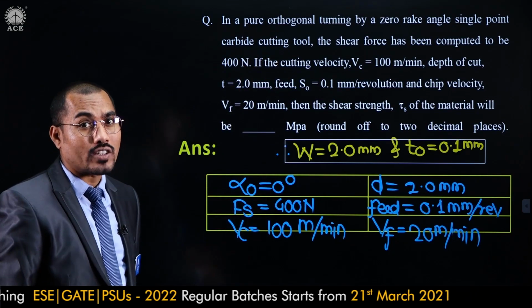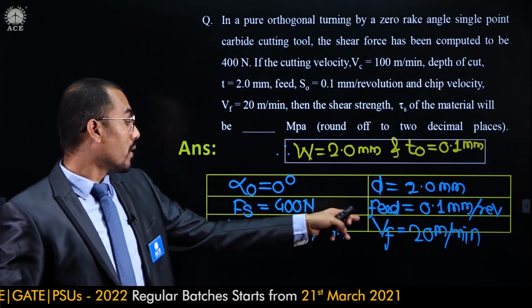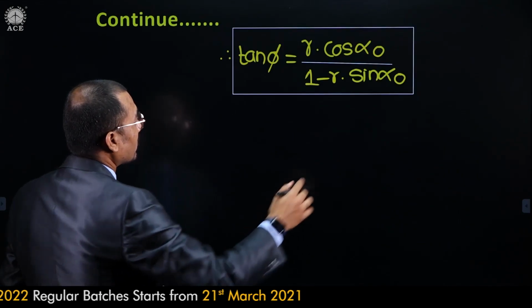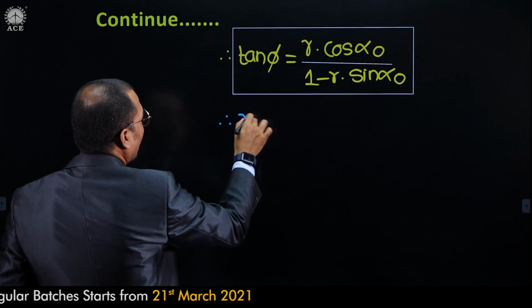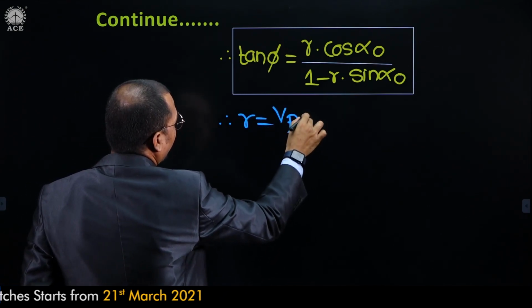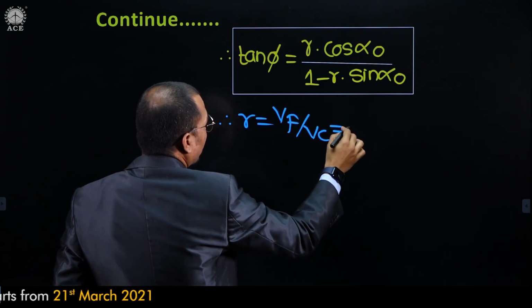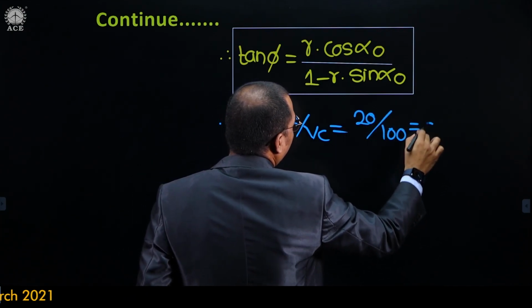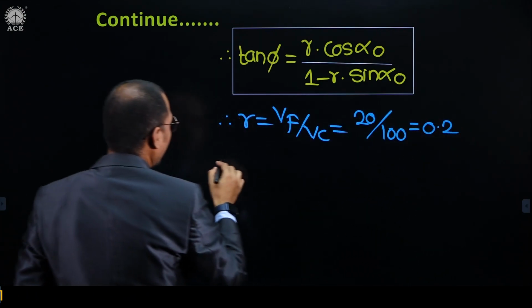R, the chip thickness ratio, is Vf by Vc. R is exactly equal to Vf by Vc. Vf is 20, divided by Vc is 100. This is 0.2. Now put it there.